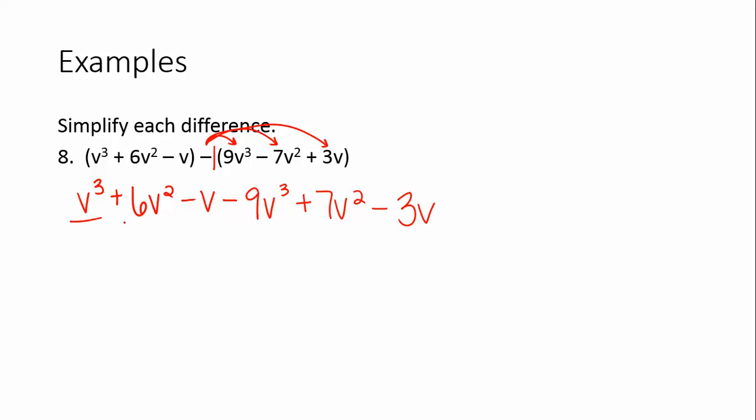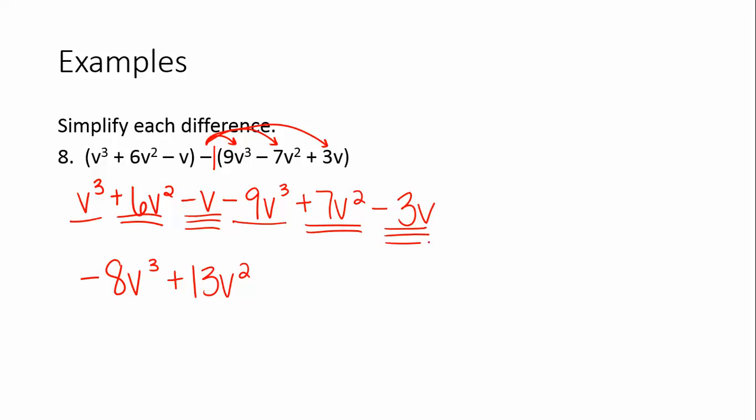So if we have v cubed and we subtract 9v cubed, that's -8v cubed. If we have 6v squared and we add 7 more v squared, you now have 13v squared. And if you have a -v or -1v, you may think of it like that, and we subtract 3 more, we have -4v.